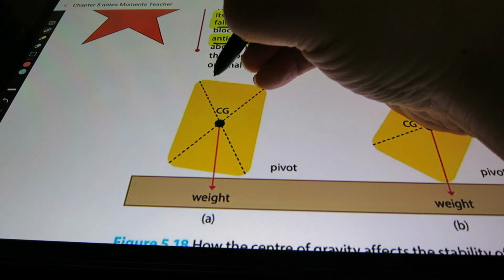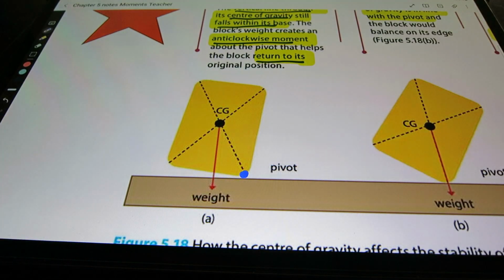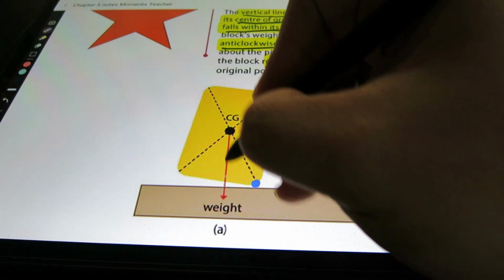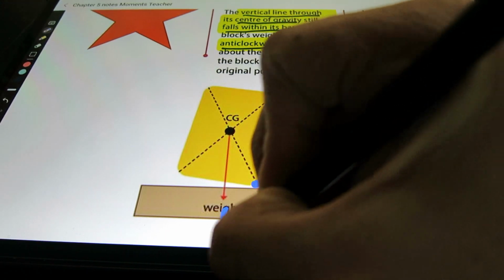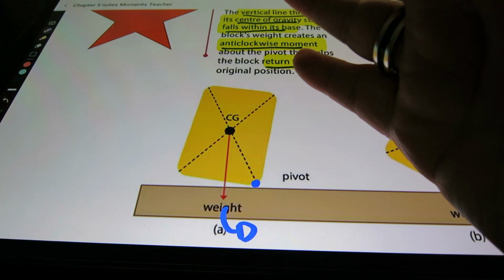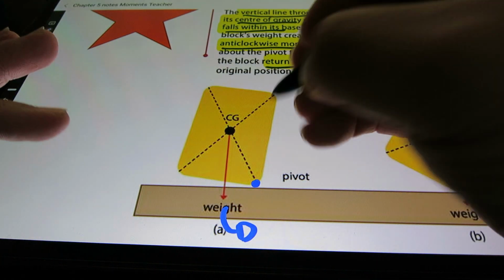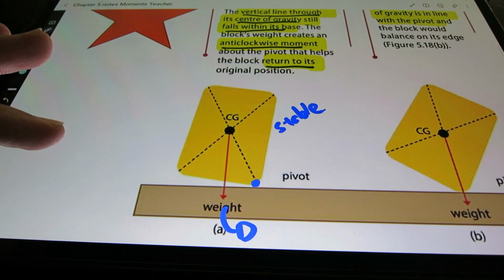If I tilt the object a little bit in this situation, this will be the pivot point. This is the weight of the object, the force. This force will cause an anti-clockwise movement like this, and this will then result in the object falling back into the original position. So this is what we term as something that is stable.